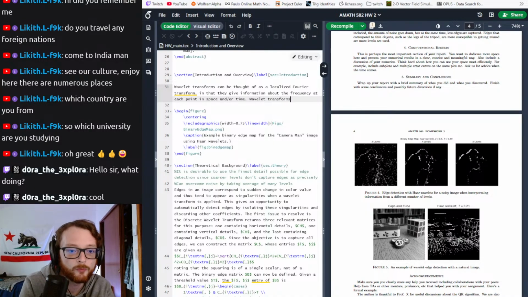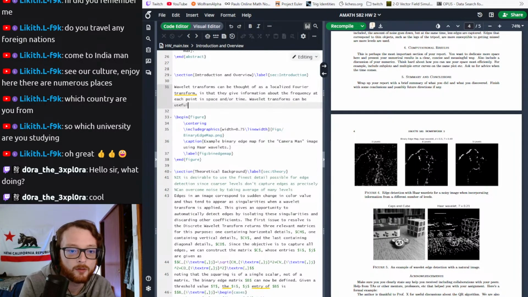Wavelet transforms can be useful in image processing.